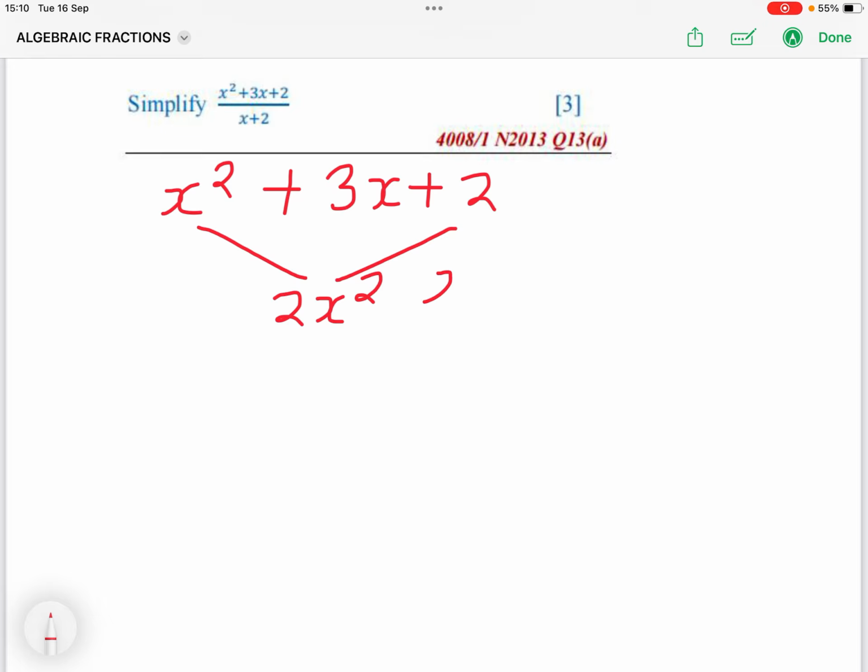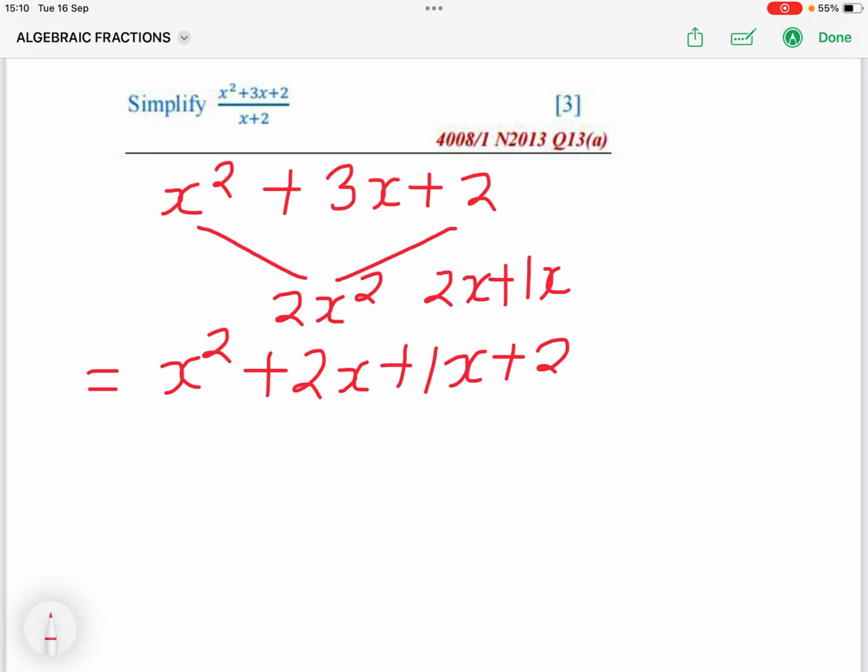We are going to use 2x plus 1x. So we need to rewrite 3x as 2x plus 1x. So we say x squared plus 2x plus 1x plus 2. And then we factorize in pairs. For the first pair, our highest common factor is x.